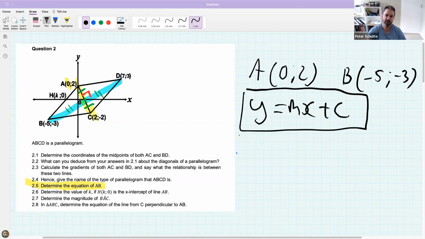So if we think about AB, the first thing I have to do is work out the gradient, because that's going to be the m.